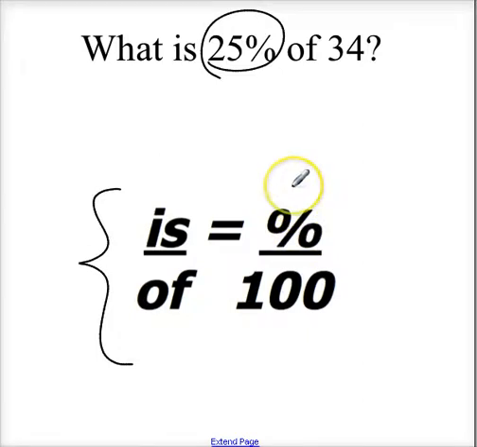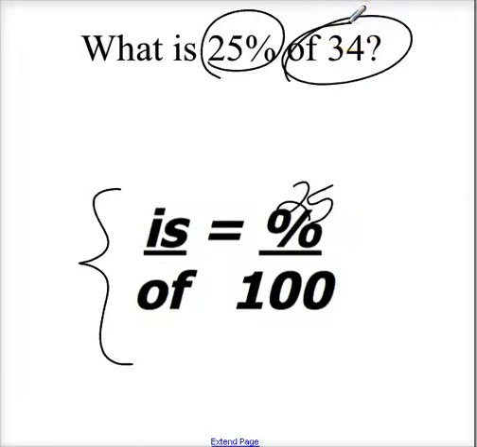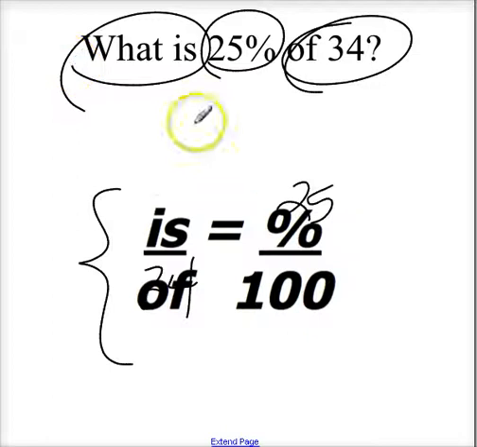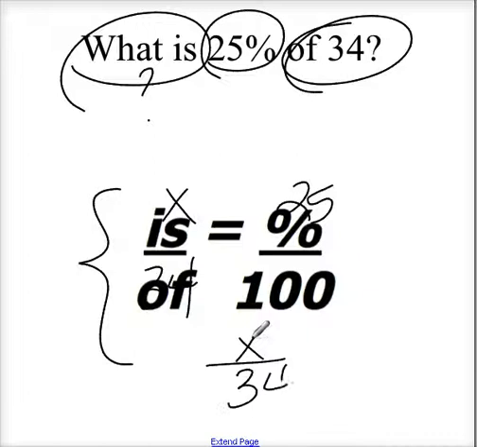So 25 is going to go on top, always over 100. Of 34, it's attached to the word of. There's our of. 34 is on bottom. What is? Notice there's the question. We don't know the is, so that's our x. So this looks like is over of equals percent over 100.